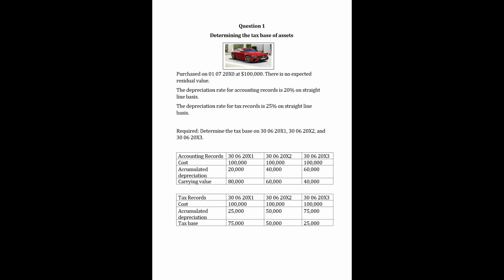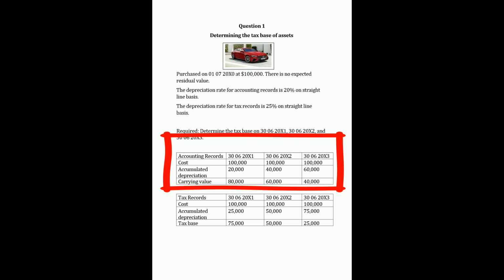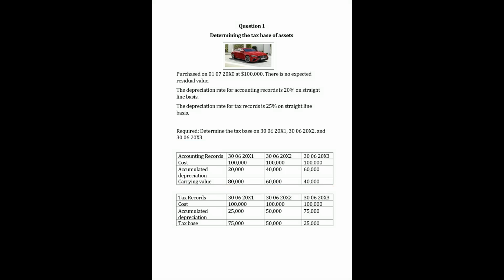The cost is $100,000 across the 3 years, but the accumulated depreciation for the first year at 20% is $20,000 on straight line basis, and second year is $40,000, and third year it's $60,000.